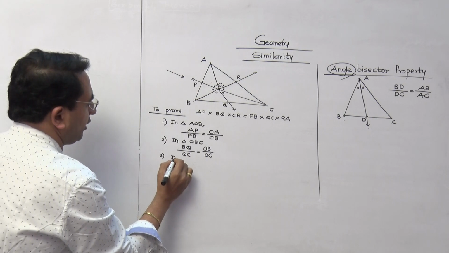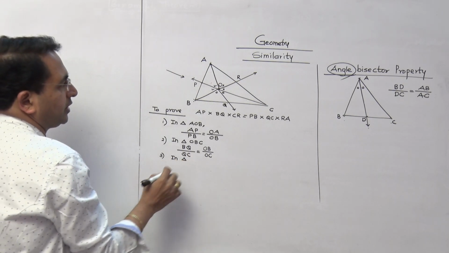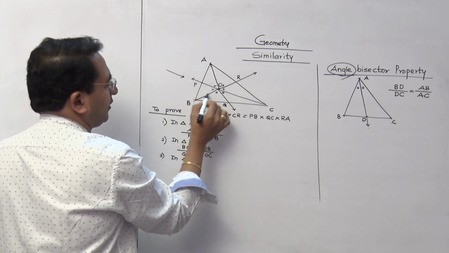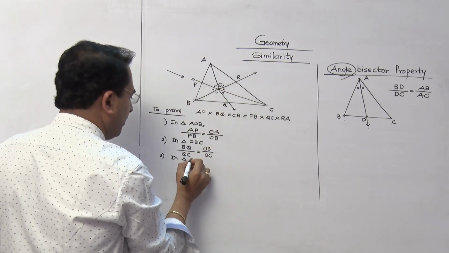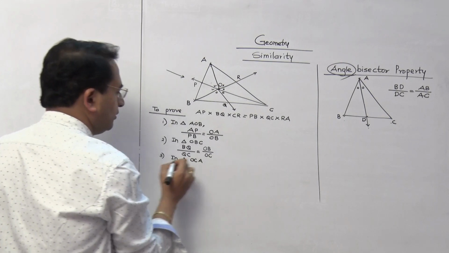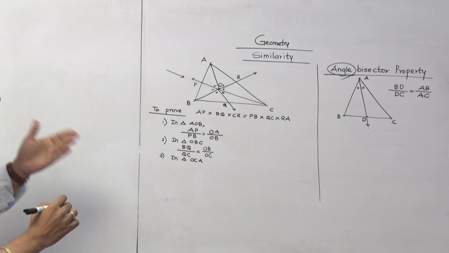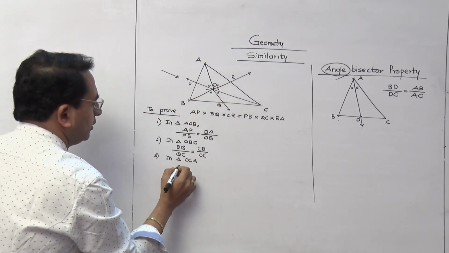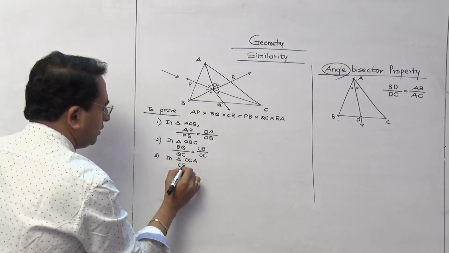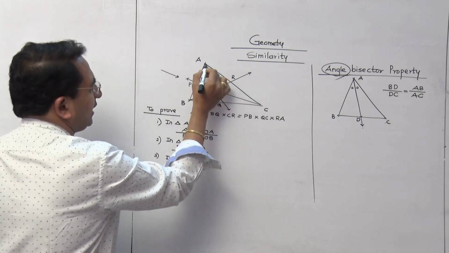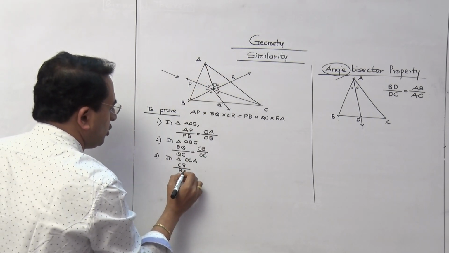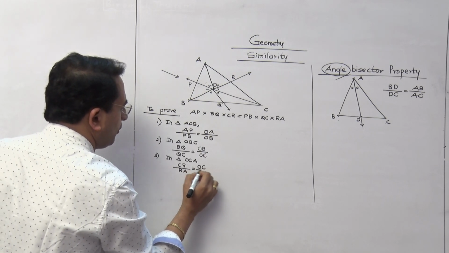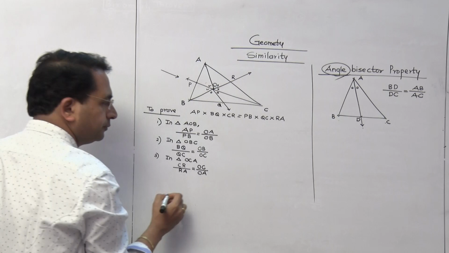Now I am going to take one more triangle. First I took OAB, then OBC, and now I have to take triangle OCA. In triangle OCA, CR upon RA is equal to OC upon OA.